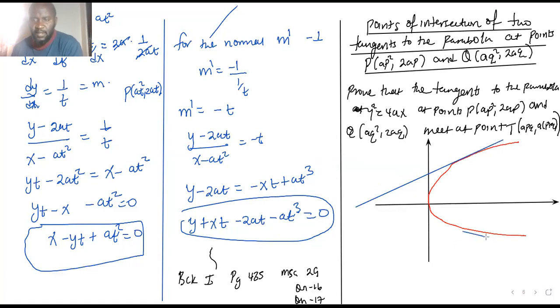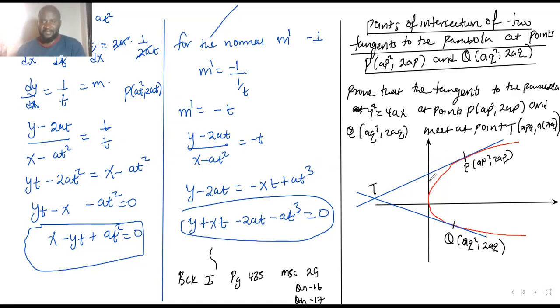And then another one comes from this way, and they meet somewhere there. So this is the point capital T. This is the point here P, which is (ap squared, 2ap). Then this is the point here Q, which is (aq squared, 2aq). Okay?